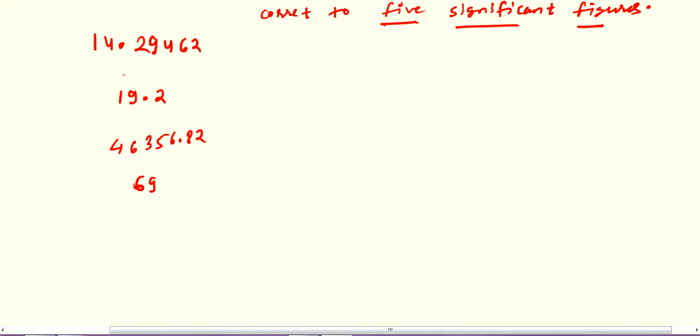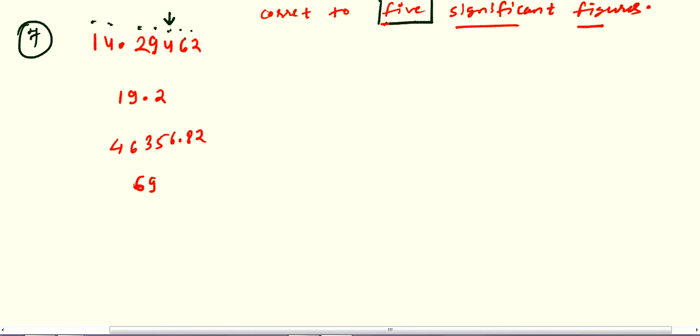So in the first question we are having 14.29462. As you can see, starting from 1, so 1 2 3 4 5 6 7 digits are there, but as per question we want only 5. That means 1 2 3 4 5, till this number we want. So what we have to do now?